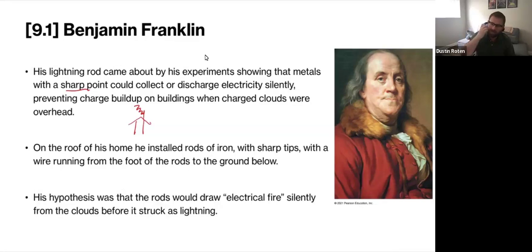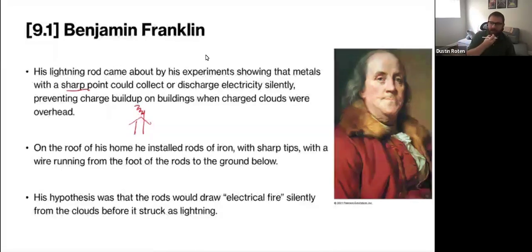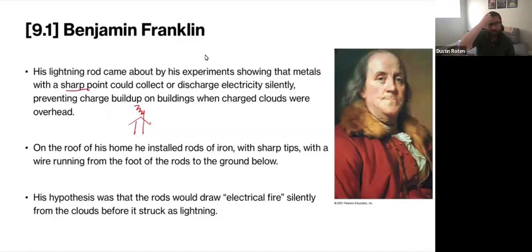One of those is University of Pennsylvania now, and then I think the other one is Independence Hall. So he was a proponent of putting these lightning rods on important buildings. Essentially, how he described it was these rods will actually draw electrical fire, is what he called it, silently from the clouds before it struck as lightning.